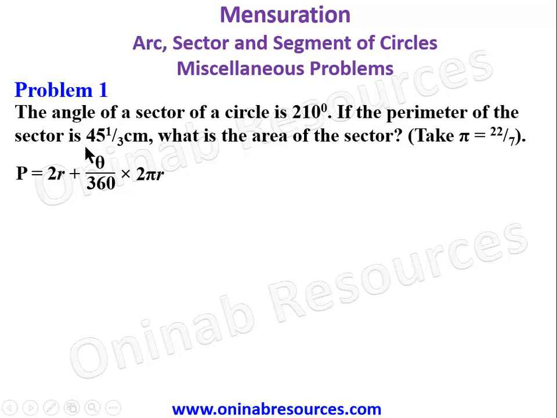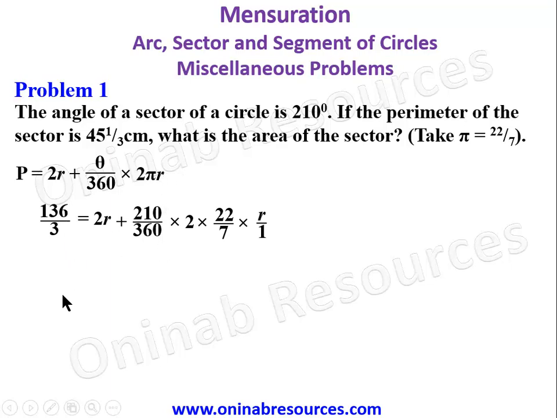So we have the perimeter as 45 1/3. Changing it to improper fraction, we have it as 136/3. That is, the perimeter is equal to 2r plus 210/360 times 2 times 22/7 times r, since we don't know r.